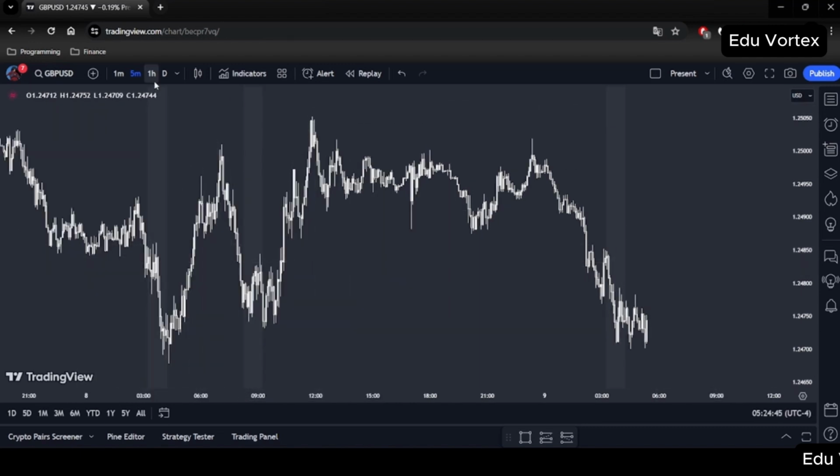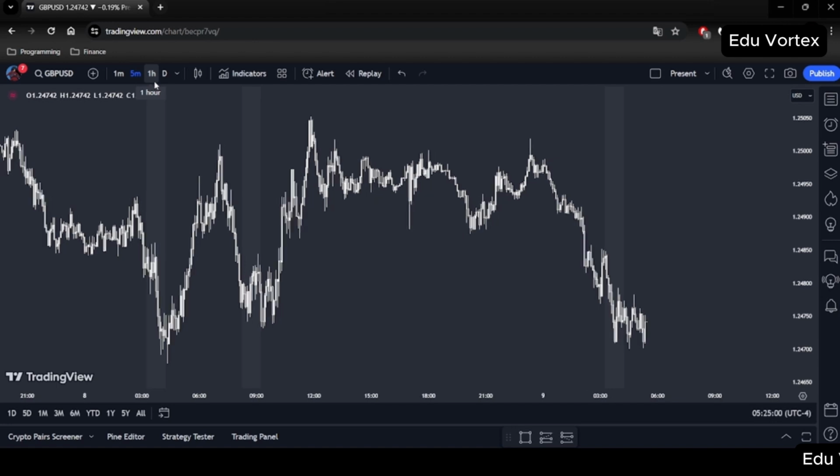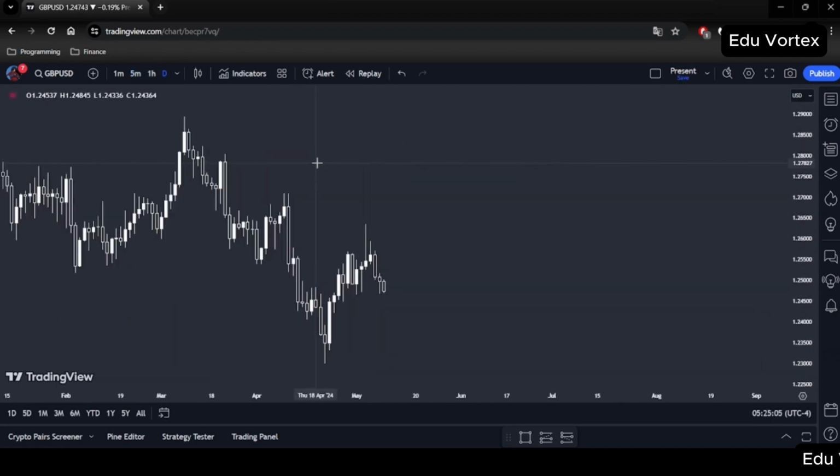So that's why I use my 1 minute, and that's why I recommend you to use 3 time frames. Daily, I'm saying this as a scalper and as a day trader. If you use other time frames for swing trading, I'll show you, but for the daily, I only use it the same as my 1 hour, and where I'm expecting the price to go that day.